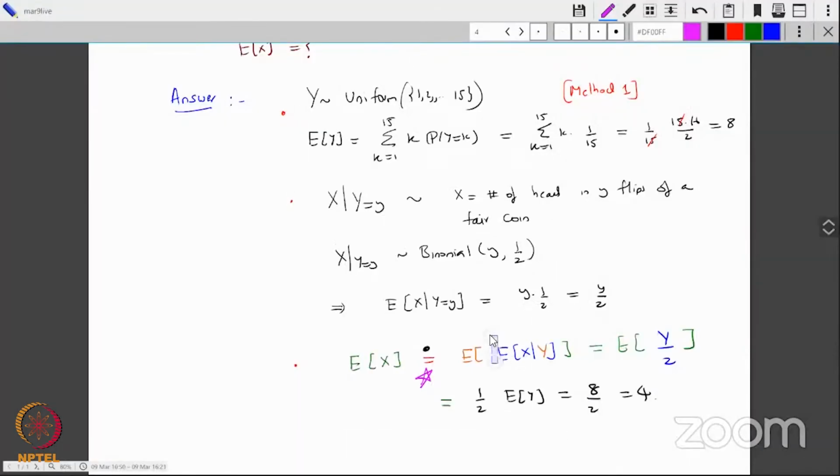I'll keep this in green as before, so this is the one in X. This may be better in red. The outside expectation is in Y, and the inside one is in X. So that's one quick way of doing this problem.